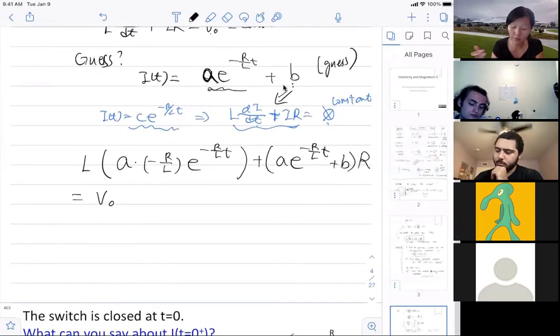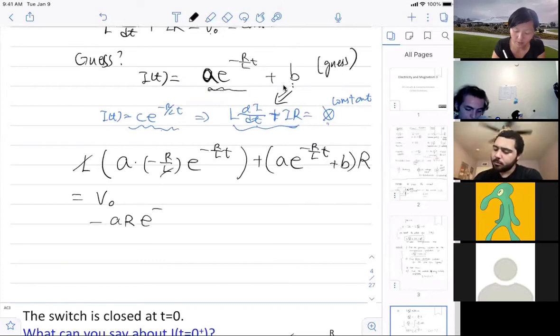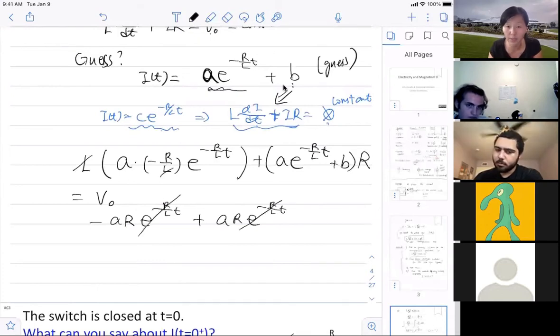So let's see if it could even work out. L cancels out, I get negative A R e to the negative R over L t, and I get positive A R e to the negative R over L t. This is the exponential. I don't want this, so it cancels out. And then I end up with a constant: B times R is equal to V naught. So it looks like it is possible, right?